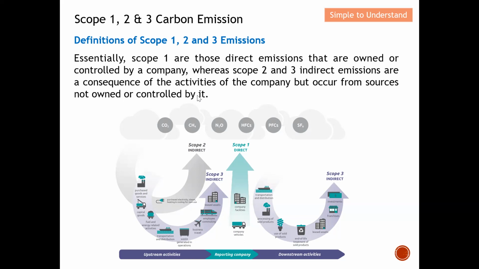The power delivered to the company comes from a third party. Because of this, it is what we call an indirect emission. The power is delivered, for example, by the power service provider, and hence you don't really own it and you don't have much control over it.